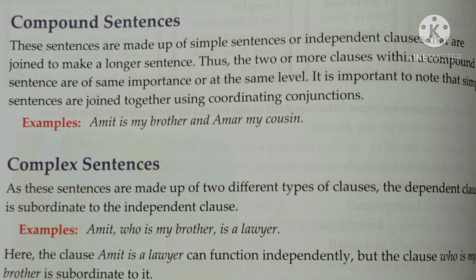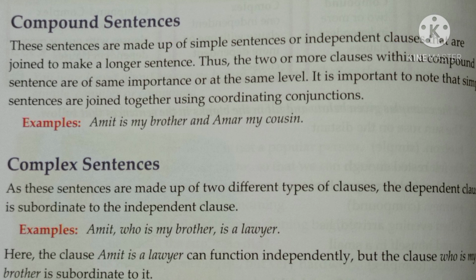So let's read about complex sentences. These sentences are made up of two different types of clauses, where the dependent clause is subordinate to the independent clause. Okay, as you know from the name, a complex sentence would be long.